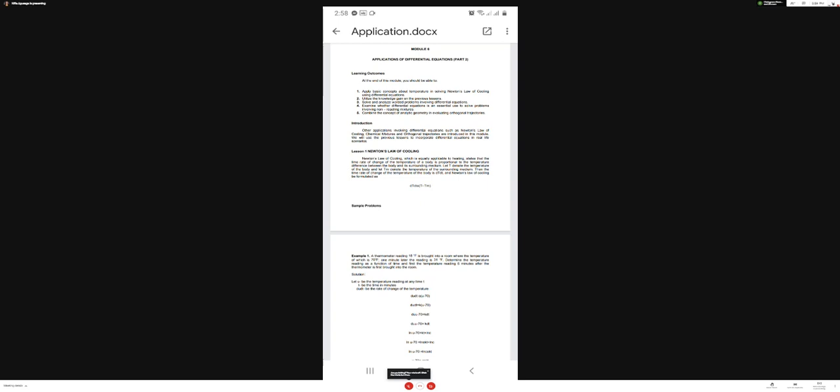So, kapag nagpapakulo kayo ng tubig, ang actual boiling point ng tubig ay 100 degrees Celsius. So, ang tendency, pag nag-start na kumulo yan, pag kumuha ka ng thermometer na panglagnat, hindi yan makakuha yung temperature niyan.